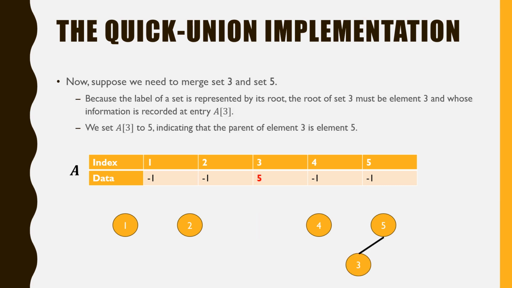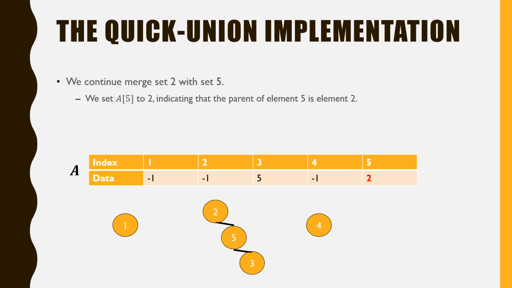Since a set's label corresponds to its root node, the root of set 3 is element 3. To merge set 3 and set 5, we update A[3] to 5, making element 3 a child of element 5. This step attaches one tree to the root of the other, effectively merging the 2 trees.